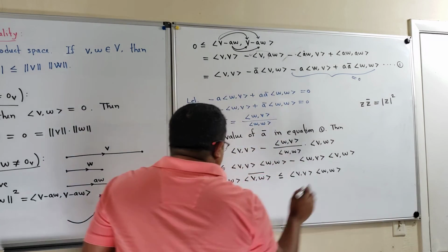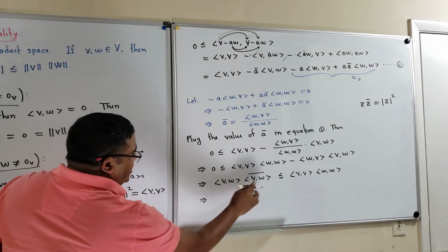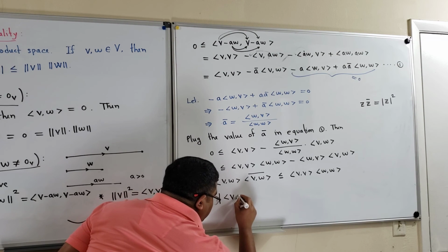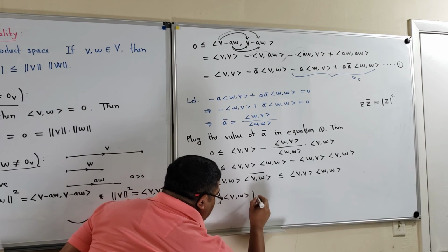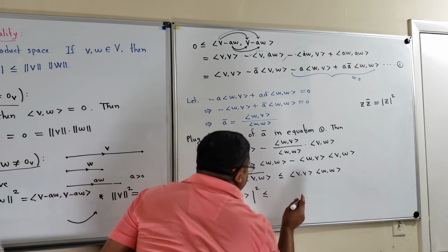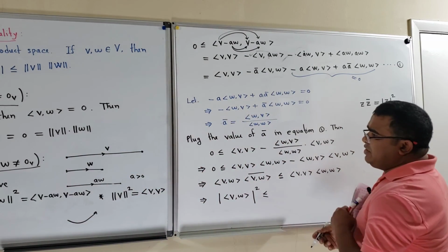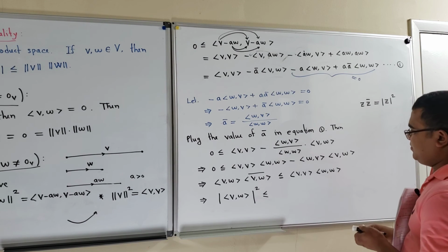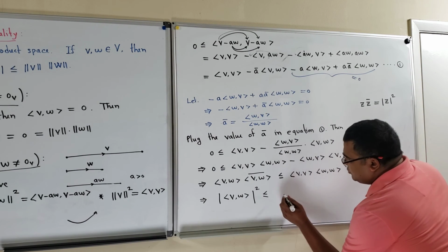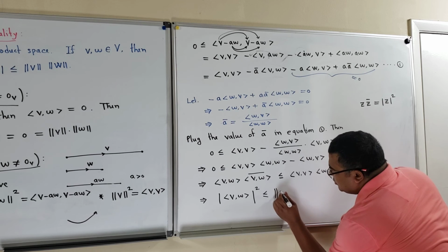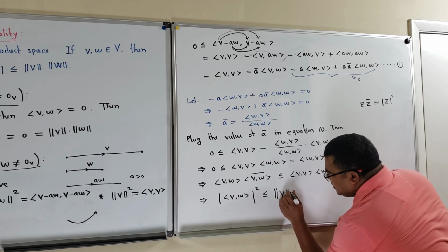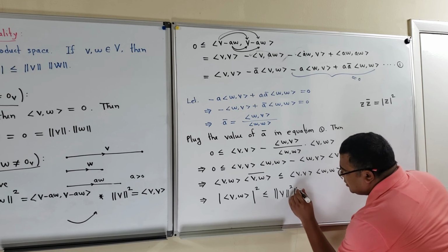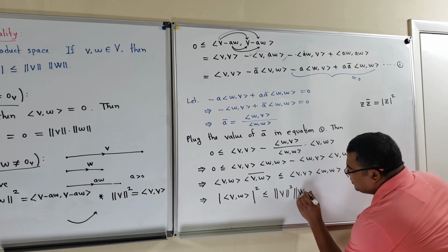Okay, so from that property we can write this one, absolute value of inner product of V, W square less than or equal to inner product of V, V. Inner product of V, V is norm of V square. Okay, so this one we can write norm of V square, and this one we can write norm of W square.